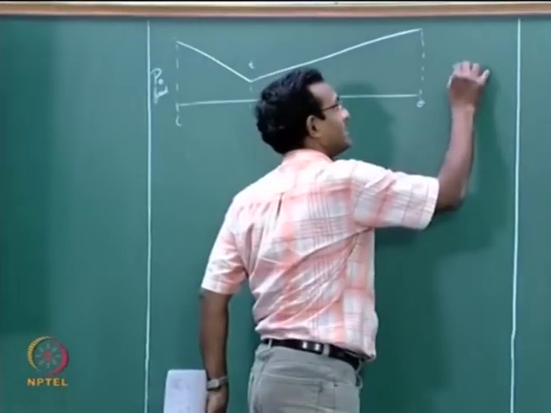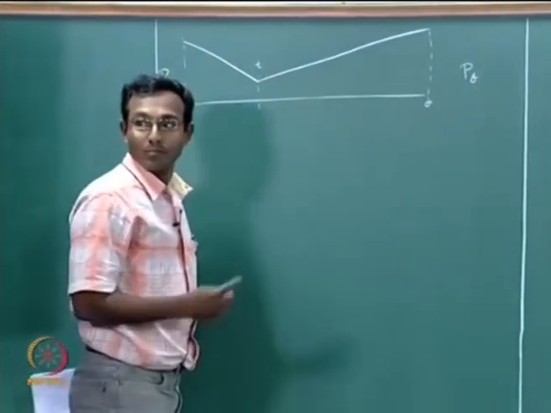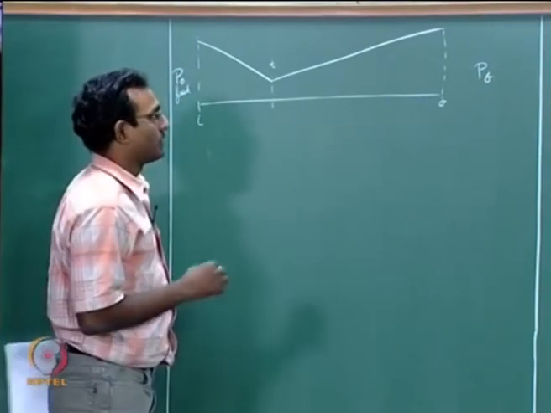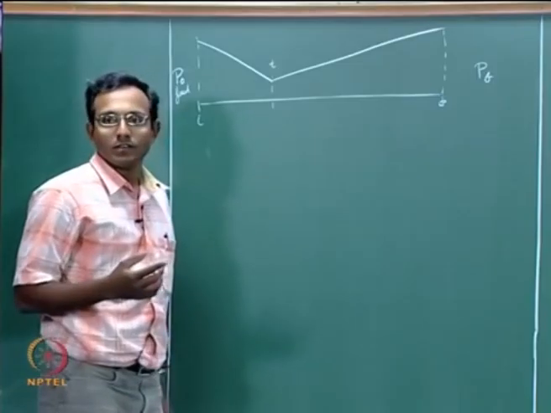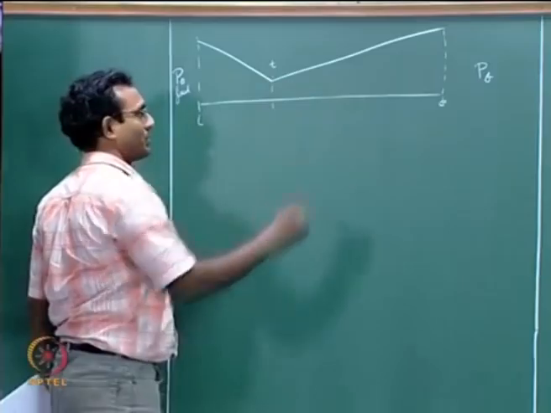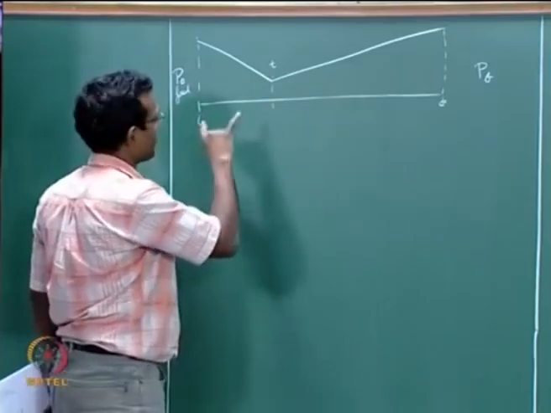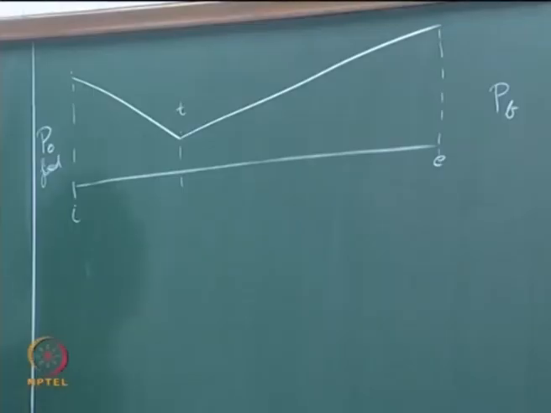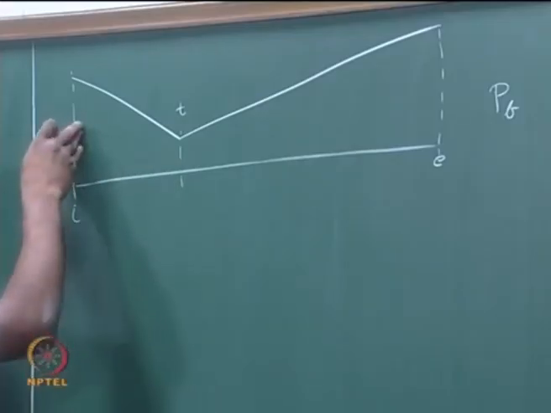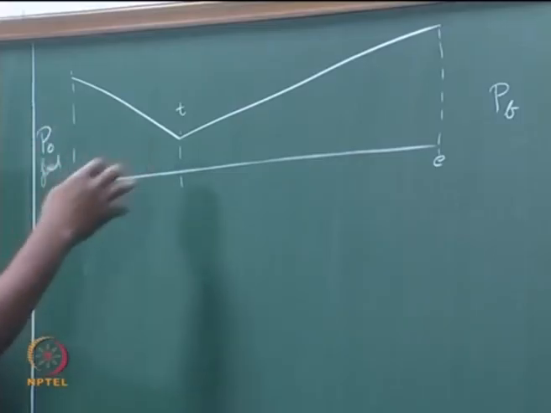We are going to slowly decrease the back pressure starting from Pb equal to P naught. When we start with Pb equal to P naught, we are going to have no flow, and when I slightly decrease the pressure there, immediately the pressure differential will drive the flow, and when the flow starts, we know it is going to be subsonic because it was stagnant just before this.